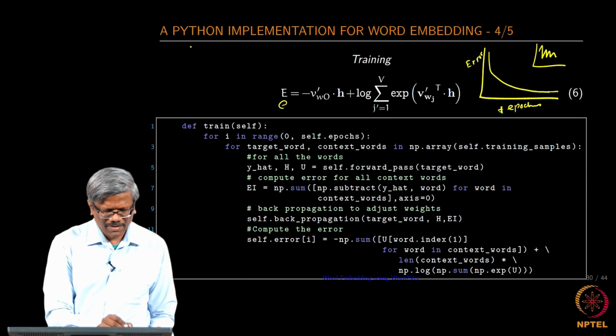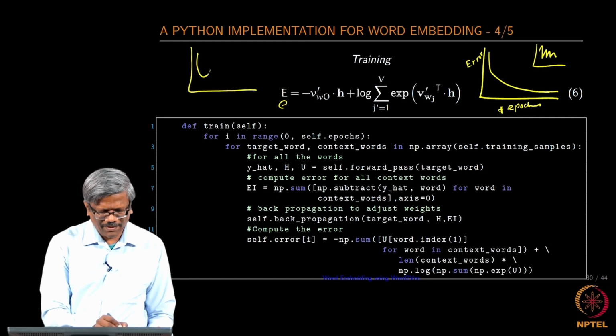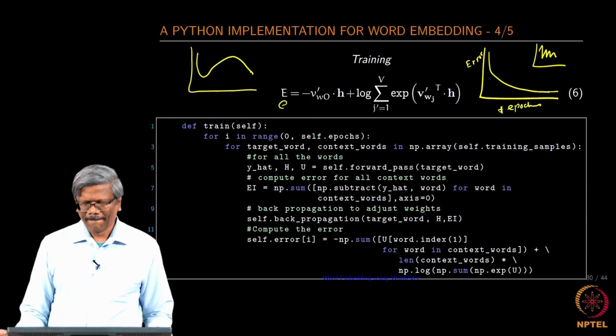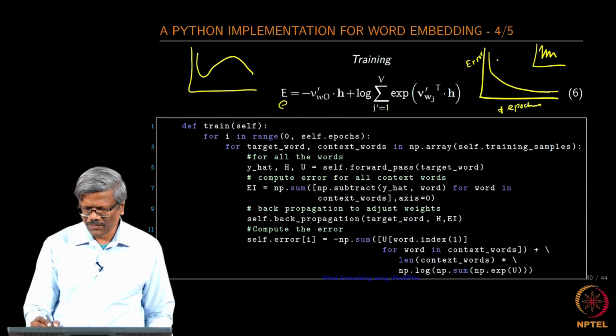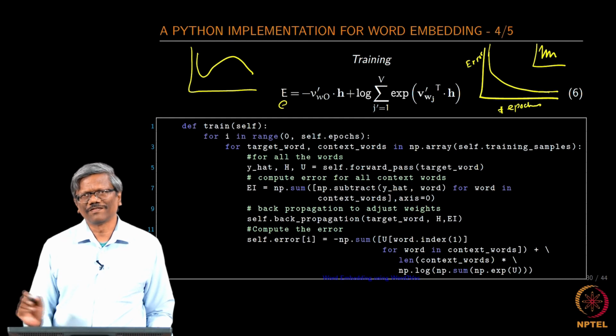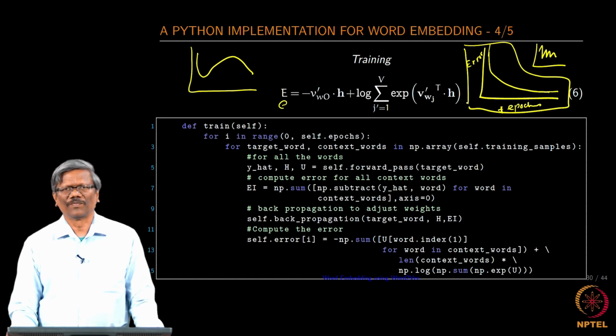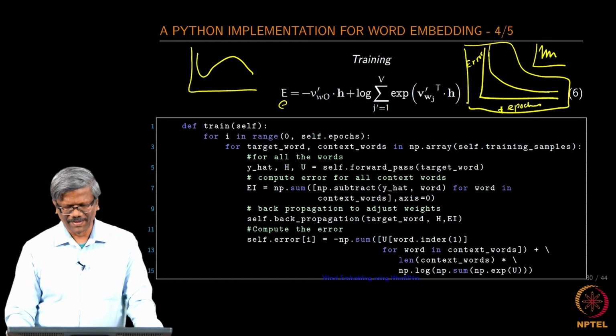Sometimes it will come down and then go up and then try to come down like this. So, make sure that you get something ideally in this fashion. This is something that you want to get at the end.